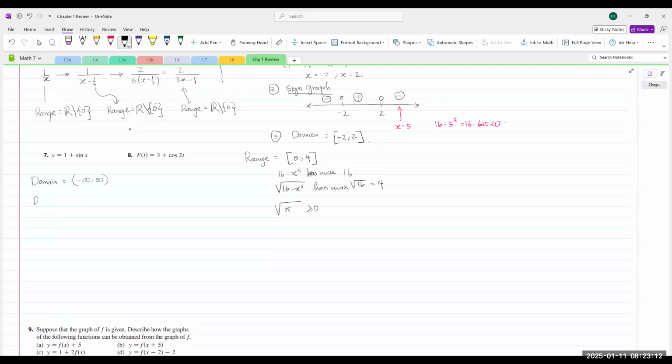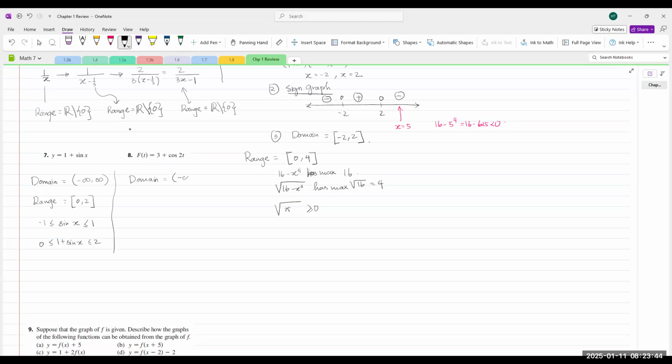Now how about the range? The range for sine x we know is between -1 and 1. So 1 plus sine x has the range, if you add 1 to both sides, from 0 to 2. For number 8, the domain for cosine is all real numbers also.